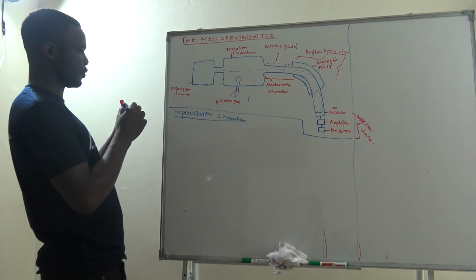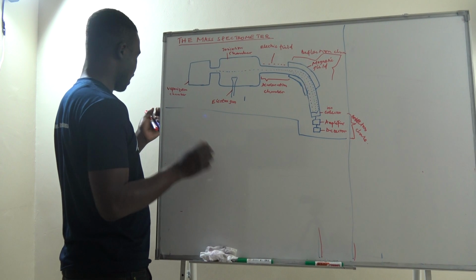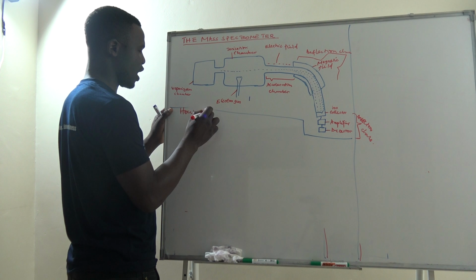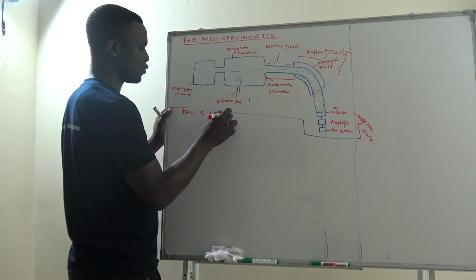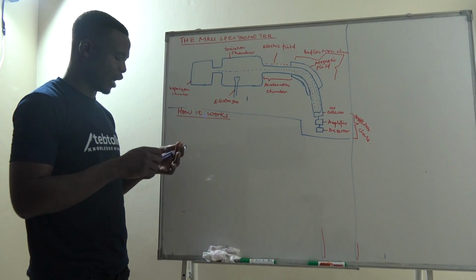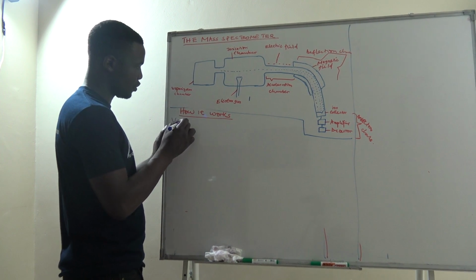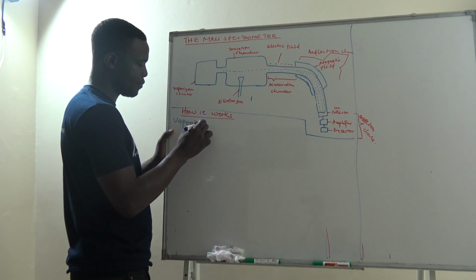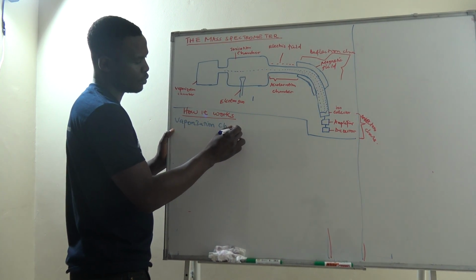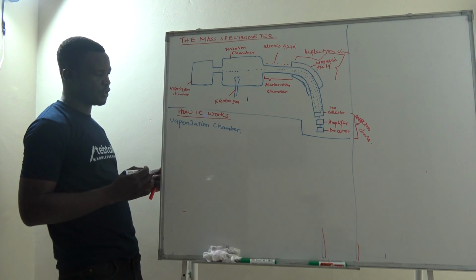In fact, what we are looking at here is the mode of operation, or how it works. Now, how does it work? We begin with the vaporization chamber. Now we are going to see what happens in the vaporization chamber.